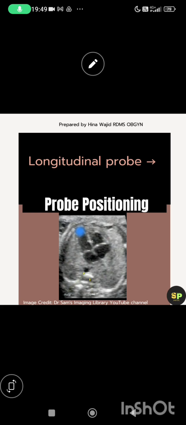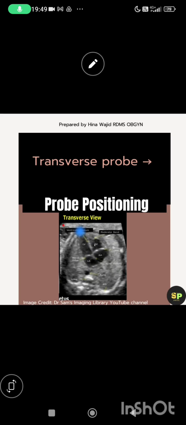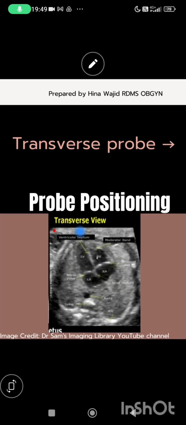But when you get a transverse section of the fetal chest, okay, this one, the probe is transverse and you know that it is a breech presentation, but you get this type of relationship with the spine and the heart apex. So what do you think? Is it situs solitus, or is there something wrong?